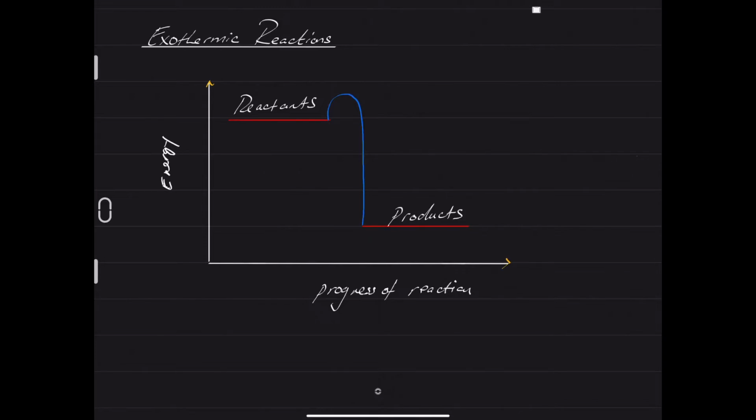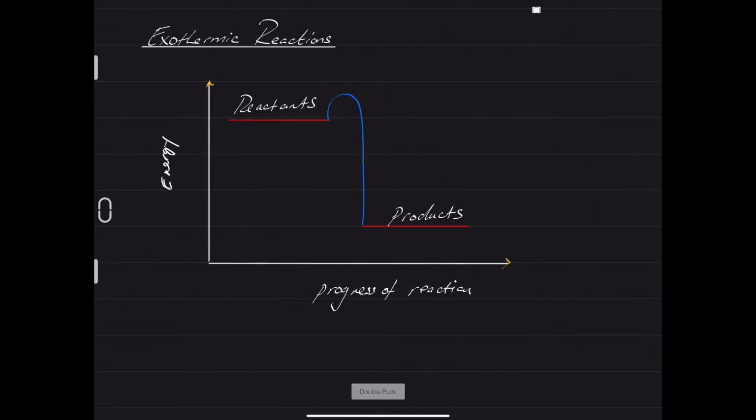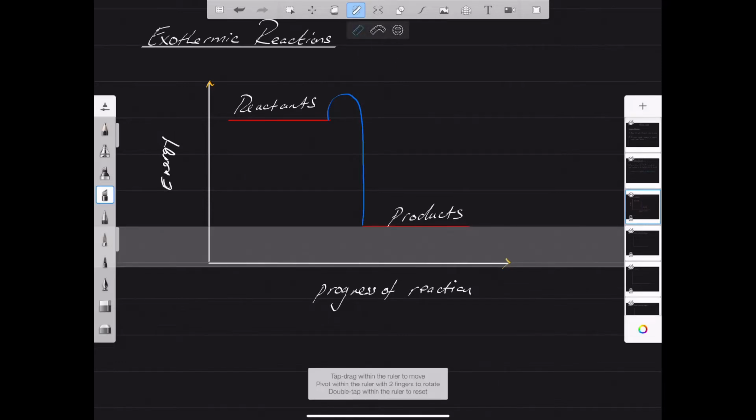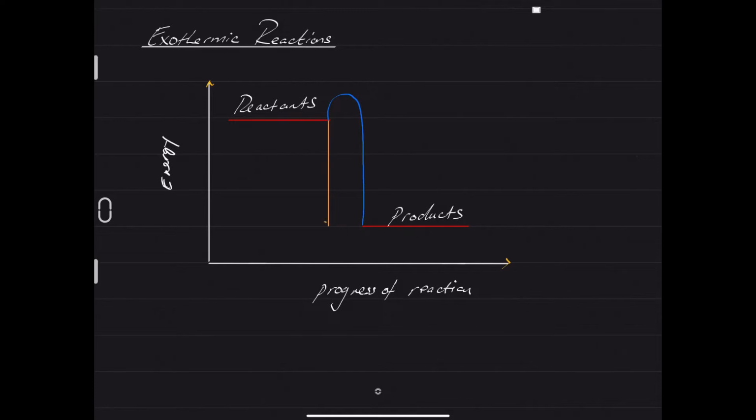Now, when we talk about an exothermic reaction, we're talking about energy being released to the surroundings, and this can be represented on this graph. You can find the energy released to the surroundings by looking at this portion here. This portion of the graph represents energy released to the surroundings.